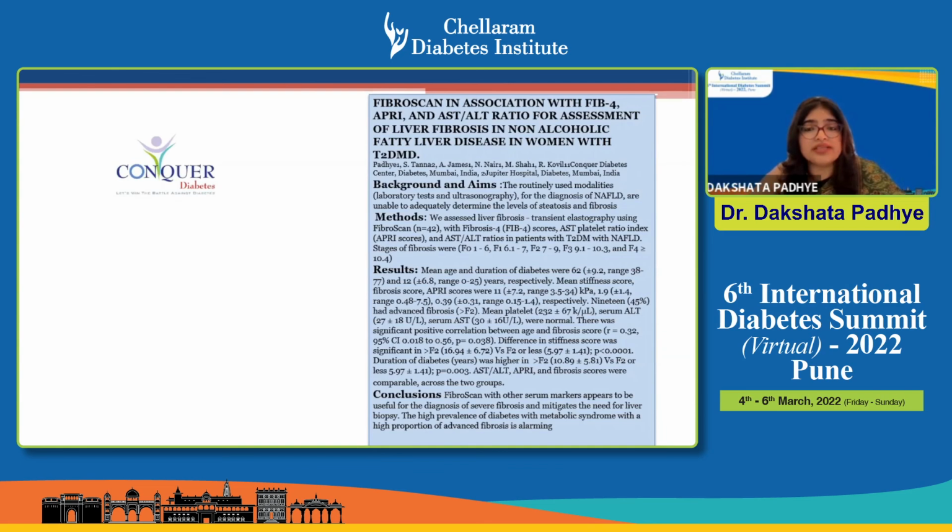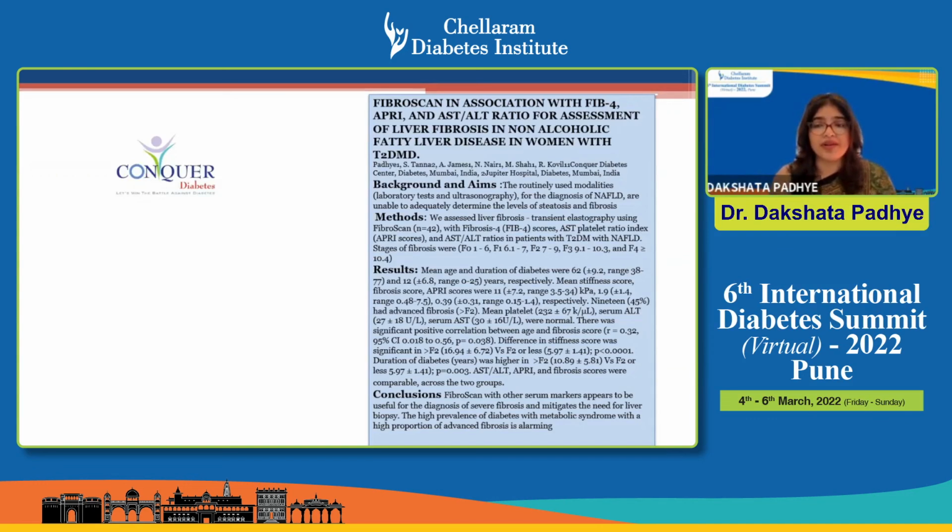Okay, now there are around 42 patients who were evaluated for median stiffness by FibroScan. This is the population of patients where the FIB-4 score was already high. We didn't know whether the patient had fibrosis or not.